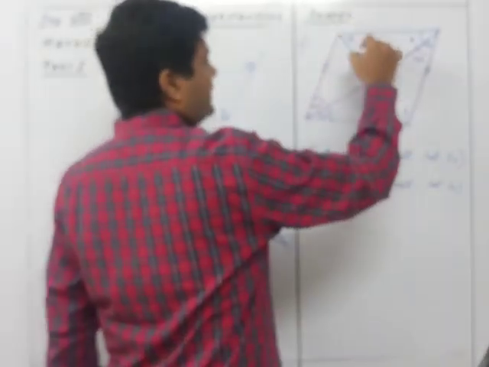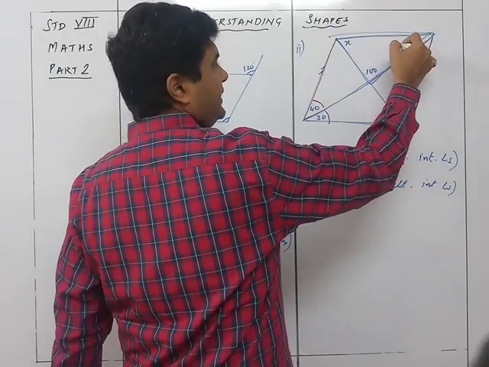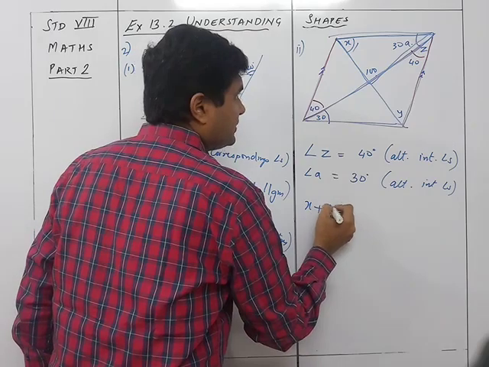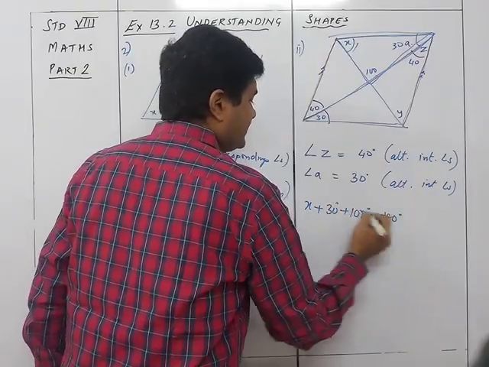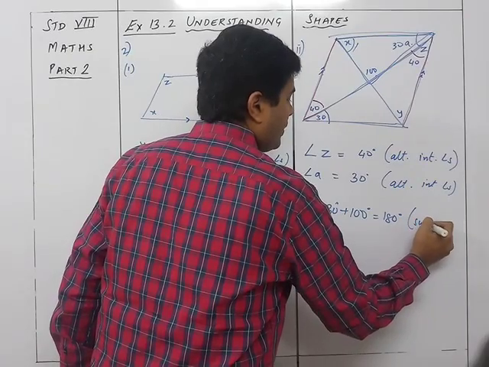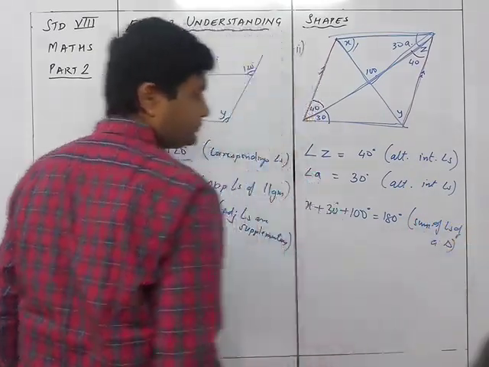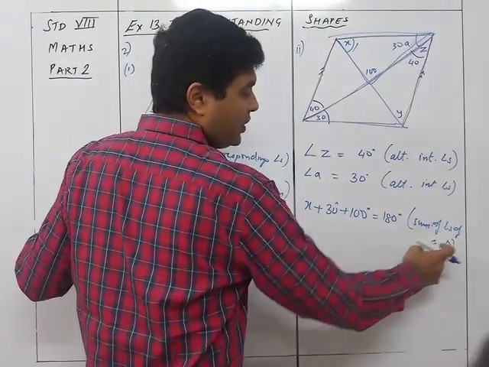Now in this triangle you can see that this is 100, this is 30, so this can be found out. So I know that x plus 30 plus 100 is equal to 180 degrees, that is sum of angles of a triangle. Okay, sum of angles of a triangle.